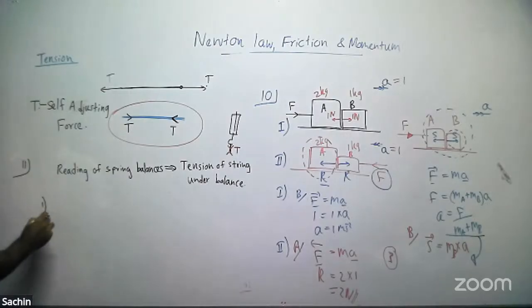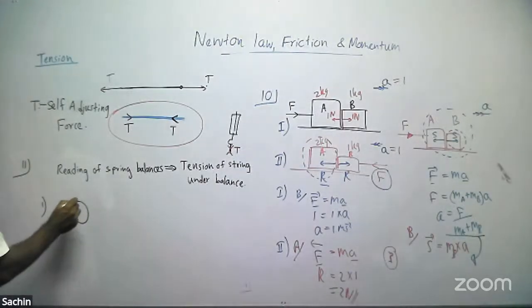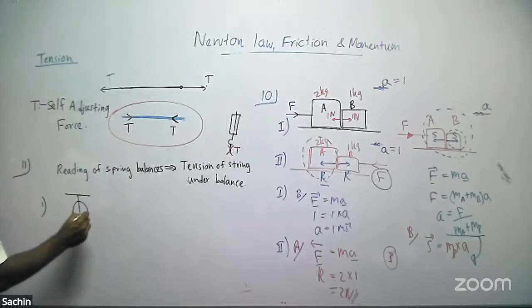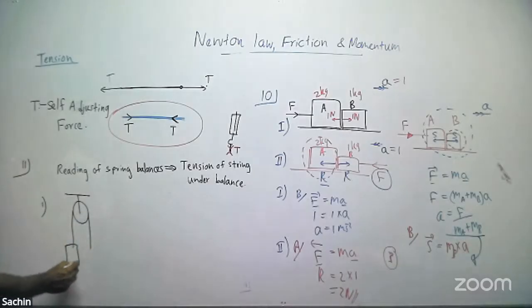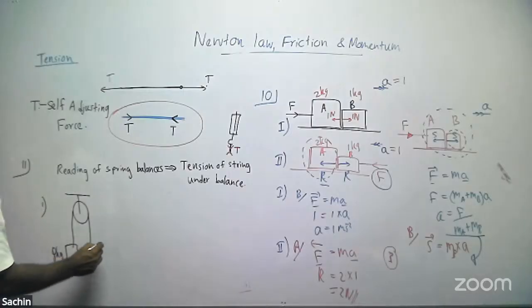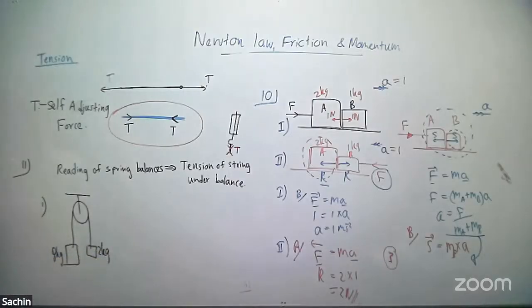Okay, first one, a very easy type of question. I'll just remind you of these pulley type questions. There is an 8 kilogram mass and a 2 kilogram mass. First of all, you have to mark all the forces on this pulley system.